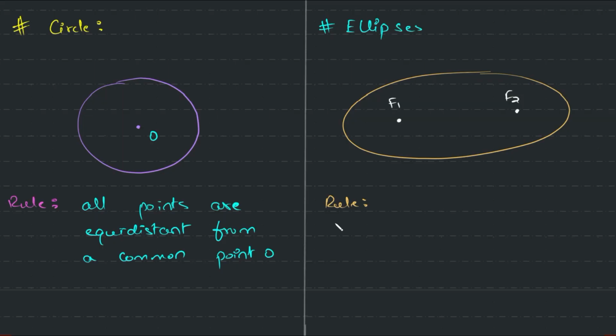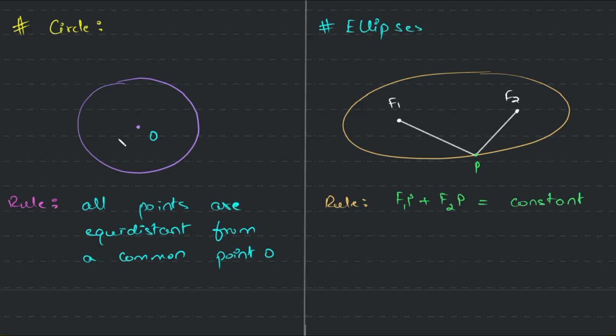And then the rule is the following. I take any point on this line, say here I'll call it point P. And if I add F1P plus F2P, it will always be a constant.